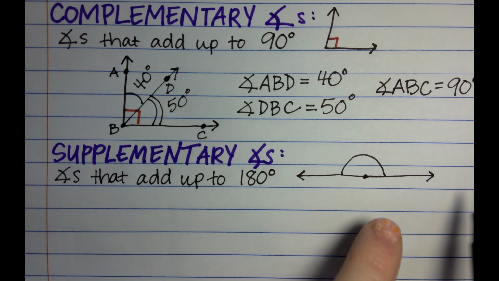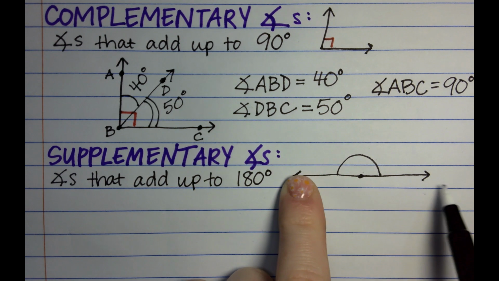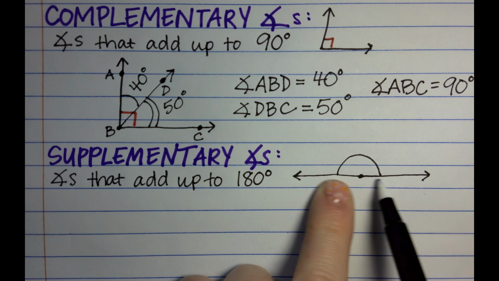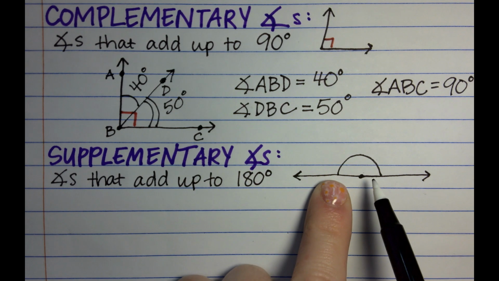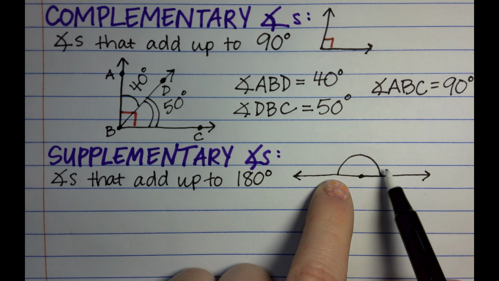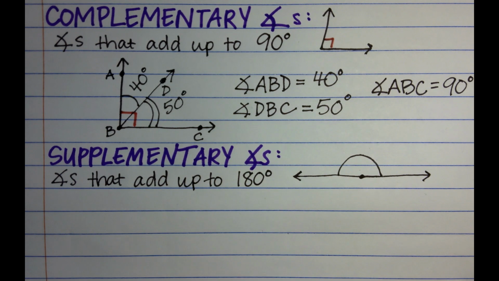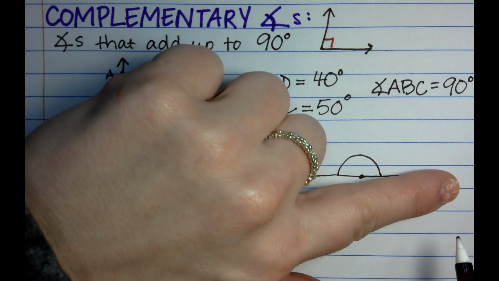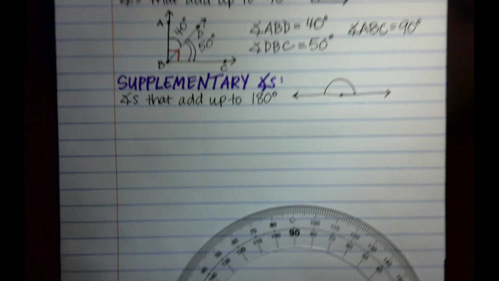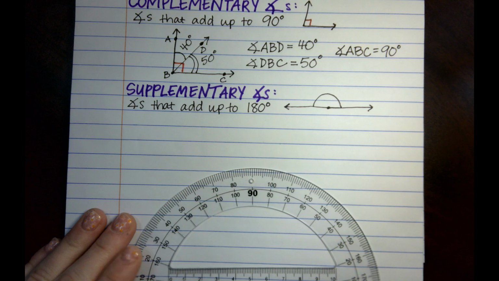The straight line that we see is the rays themselves, kind of the boundaries of the angle, right? So the half circle is the rotation part of it, like our protractor.